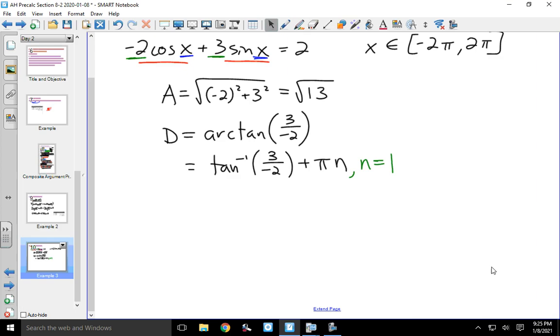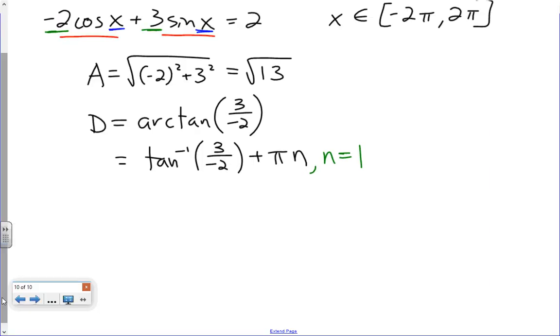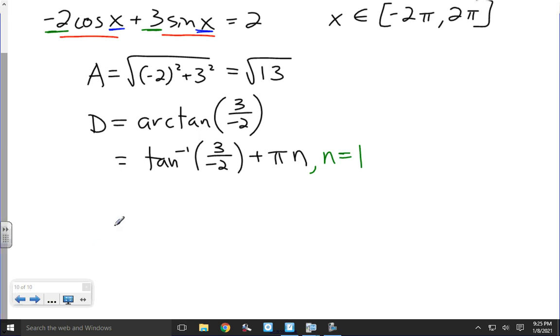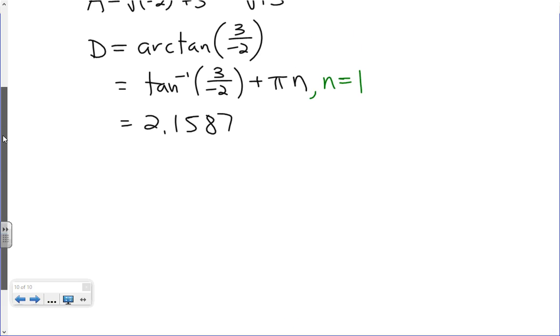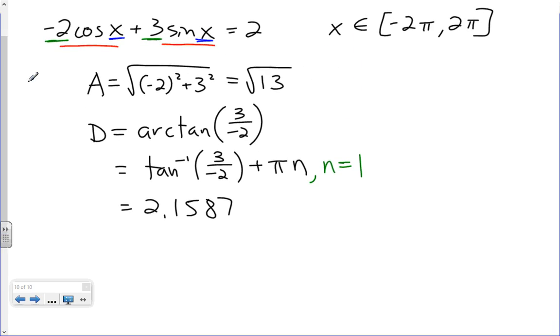2.1587 is our value for D, or 2.159 if you want 3 decimals there. All right, so now I can rewrite the original problem. Instead of this linear combination of sine and cosine that we started with, I can replace the left side with this sinusoid.